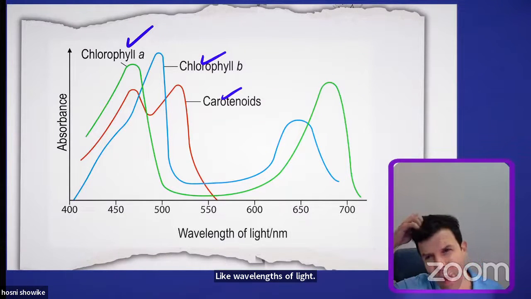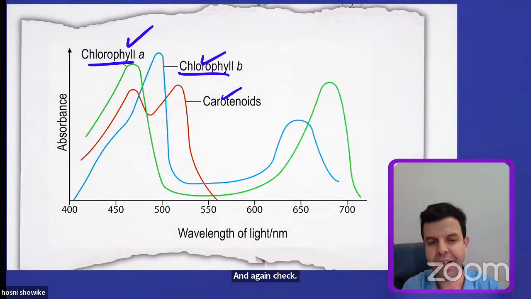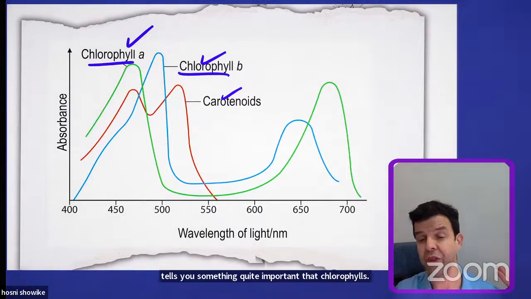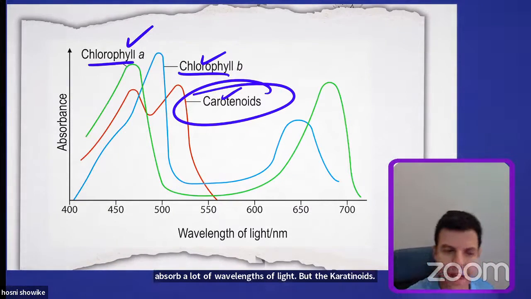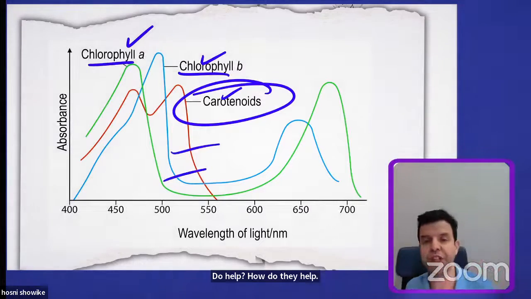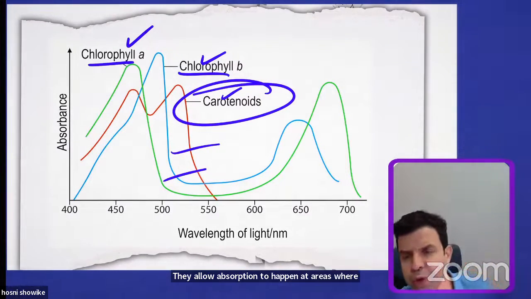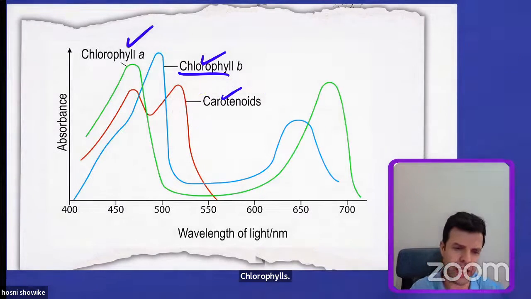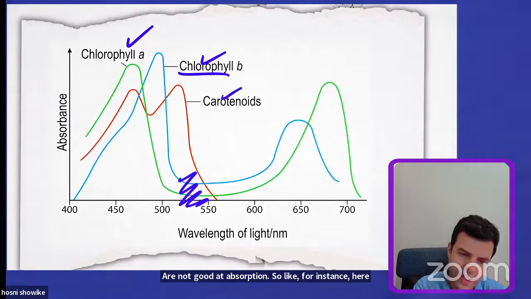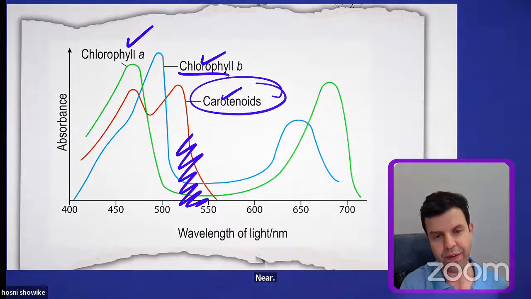This tells you something quite important, that chlorophylls, as they are, absorb a lot of wavelengths of light, but the carotenoids do help. How do they help? They allow absorption to happen at areas where chlorophylls are not good at absorption. So like, for instance, here, near 550, who's doing the best job is the carotenoids, right?